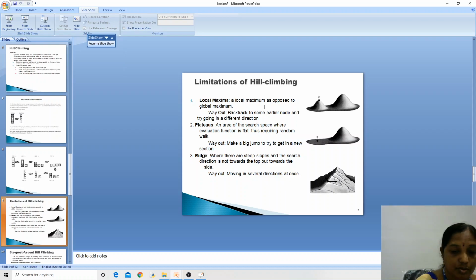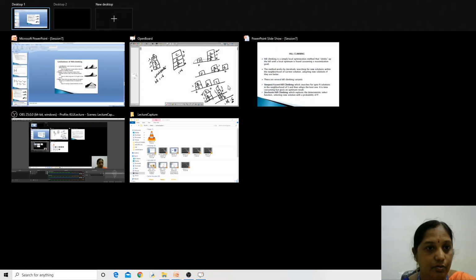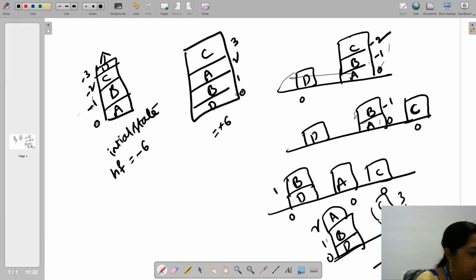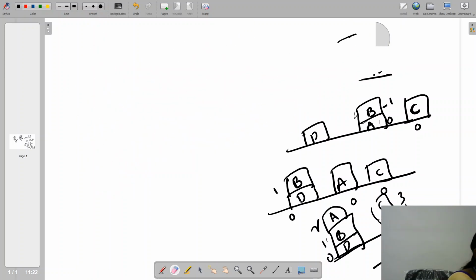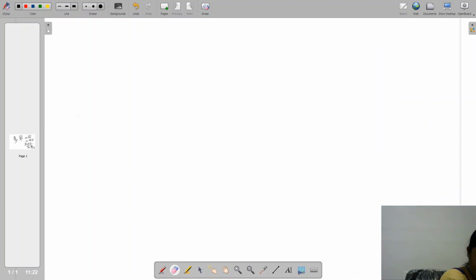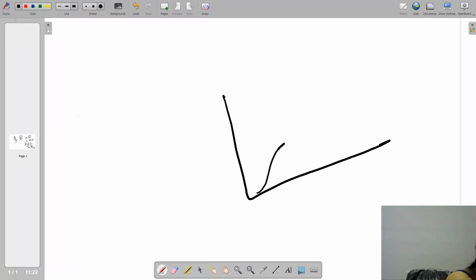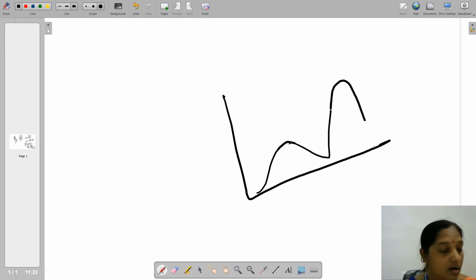I would like to show you the local maximum with the help of a diagram. So I'm moving towards the notes board, and you can see here with the help of the diagram how you can find the local maxima. As I told you, here is a local maxima and here is a global maxima.